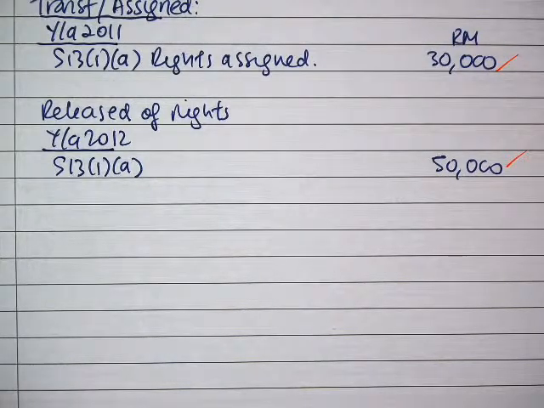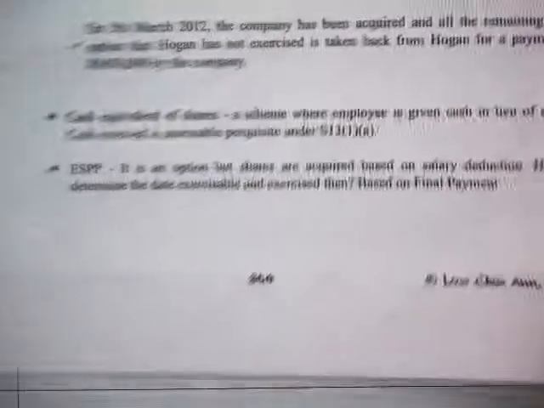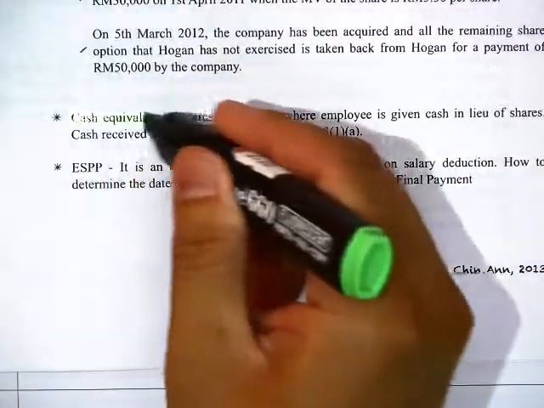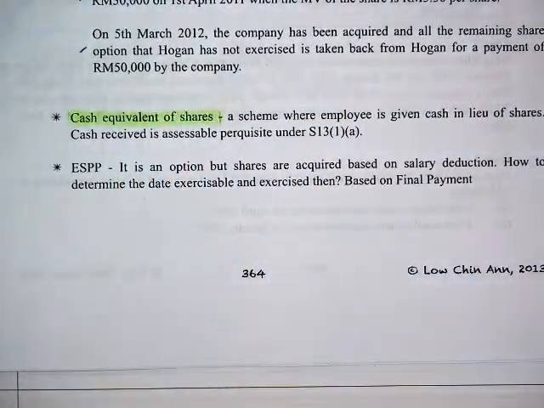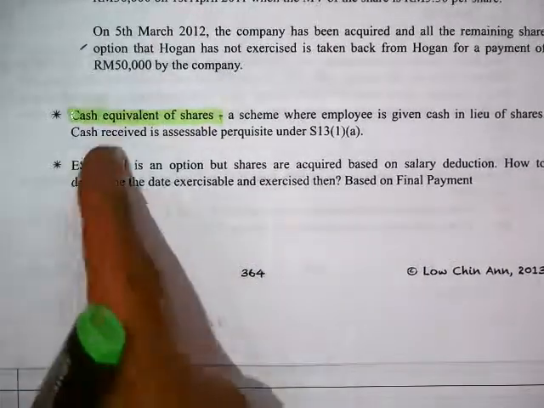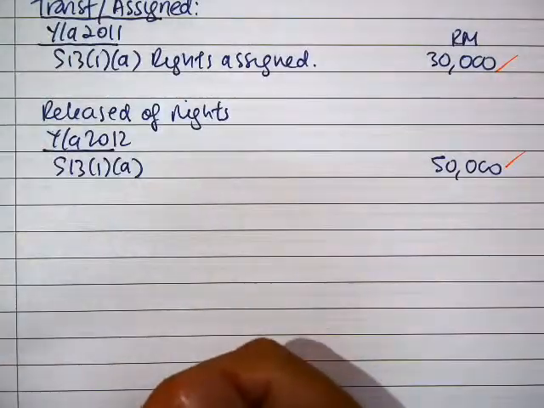Okay, now besides operating share schemes like share options, they may also operate this kind of thing called cash equivalent of share. All right, I just go back to the handout. Now what is this thing called the cash equivalent of share? That means instead of giving you the share, they will give you the cash. Understand?